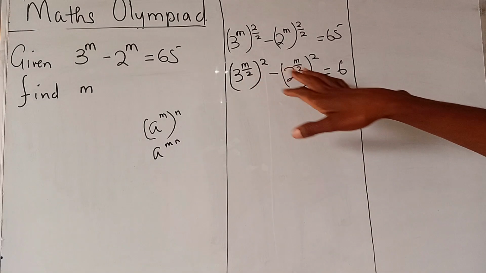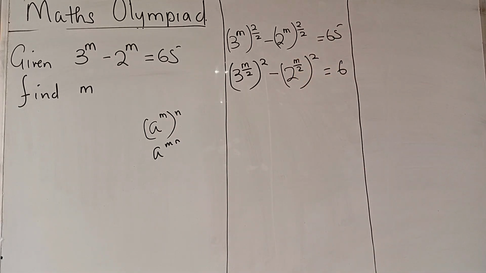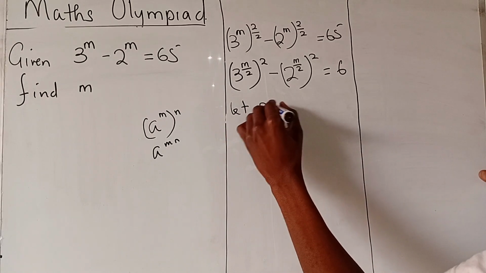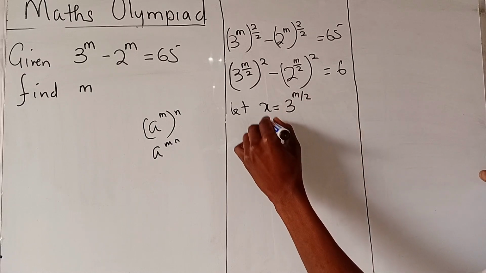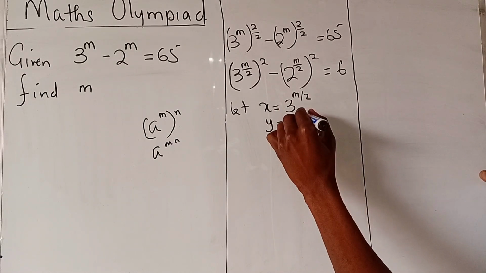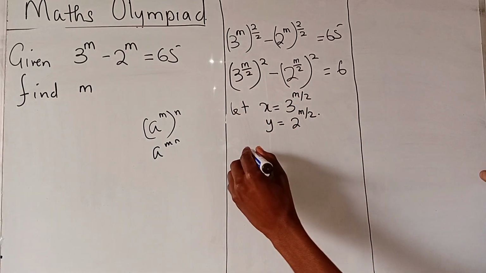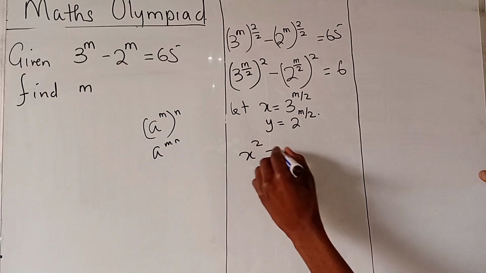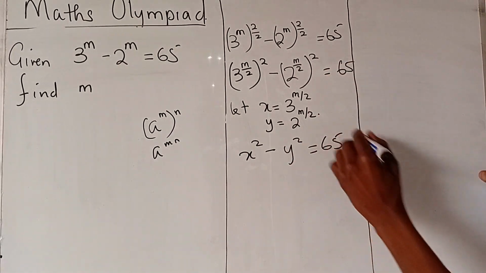So now when I have something like this, what can I do? I can replace these terms with letters and say let x is equals to 3 to the power m over 2 and y is equals to 2 to the power m over 2. Meaning that I'm going to have x squared minus y squared is equals to 65.